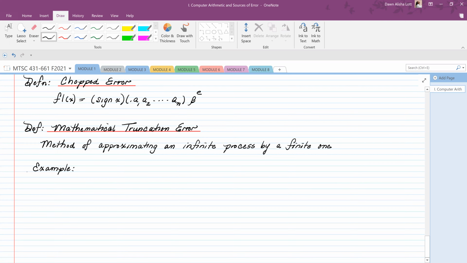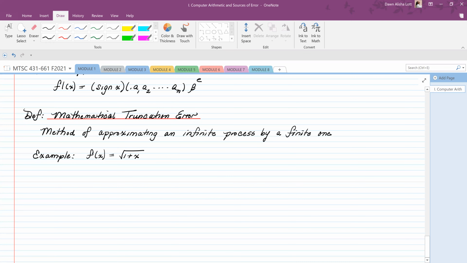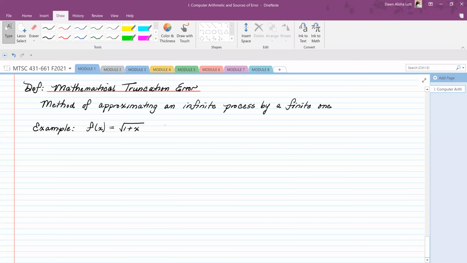So I have f of x is the square root of 1 plus x. How do we develop the Taylor series for this? We want to find the Taylor series approximation about x equals 0.